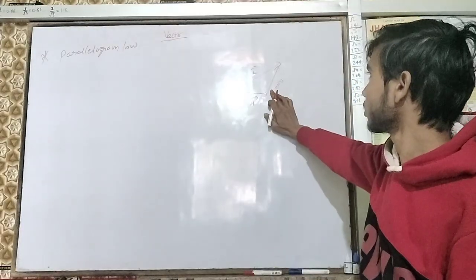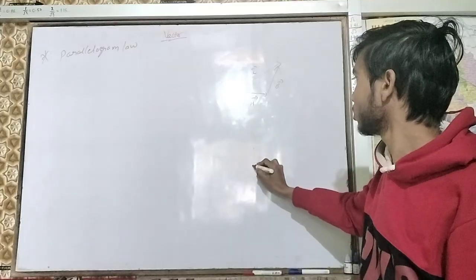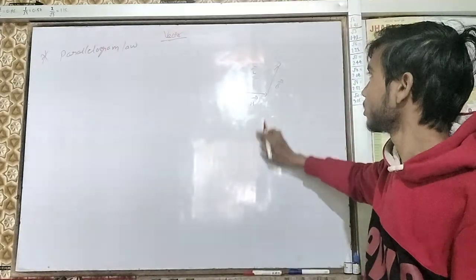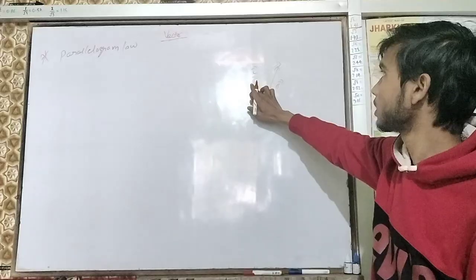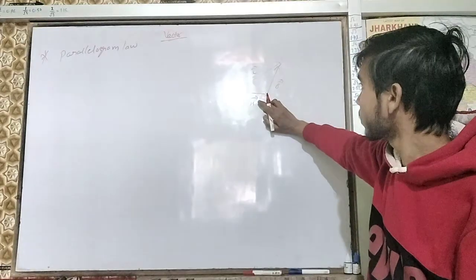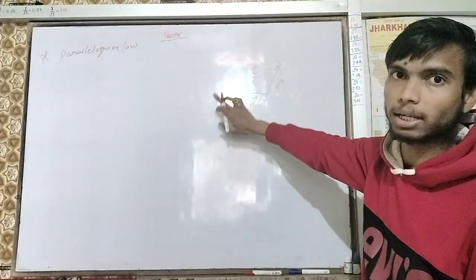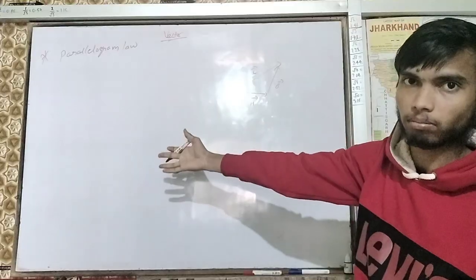I am going to shift this over here and this over here. Remember, this C is our diagonal. We are going to shift this A vector over here and this B vector over here. Now we will get parallelogram.